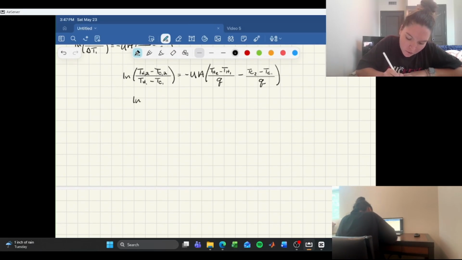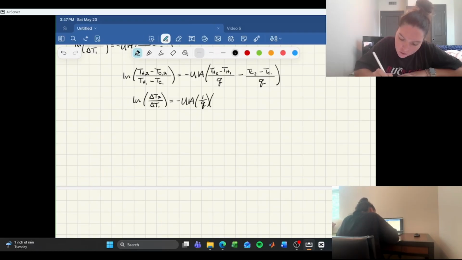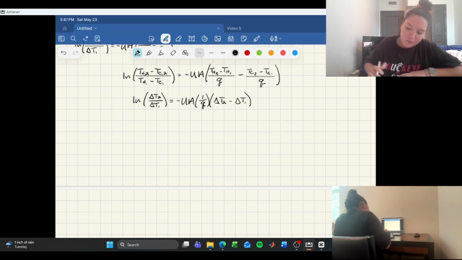We have the natural log of the change in temperature position 2 divided by the change in temperature of position 1 will be equal to the negative universal heat transfer coefficient times the area times 1 over the heat transfer times the change in temperature at position 2 minus the change in temperature at position 1.